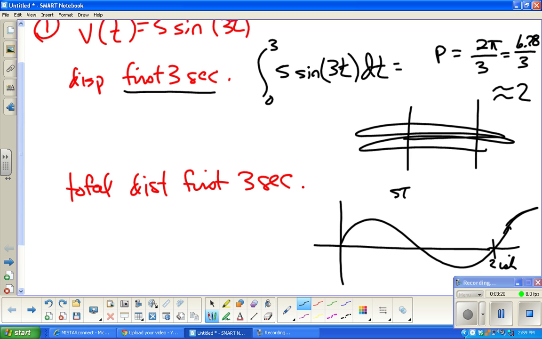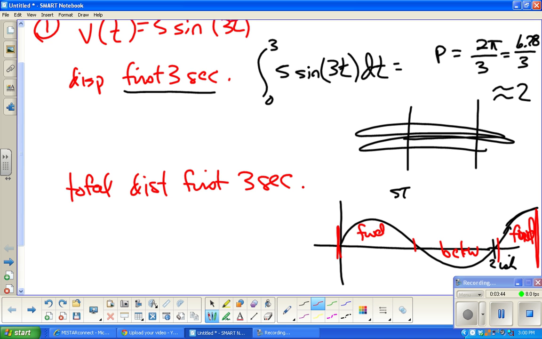There are going to be some different parts to this graph over the first 3 seconds. Somewhere around here, and I don't know where it is, but there's a positive part of this graph, a negative part of this graph, and a positive part of this graph. So the idea is this is going forward, this is going backward, this is going forward.